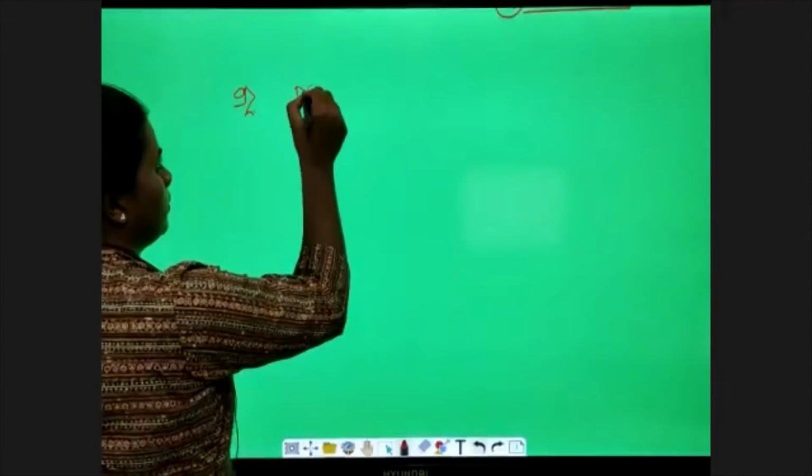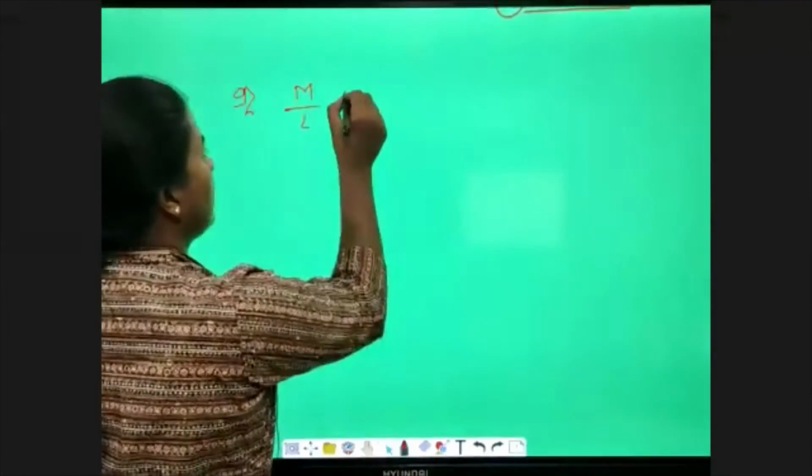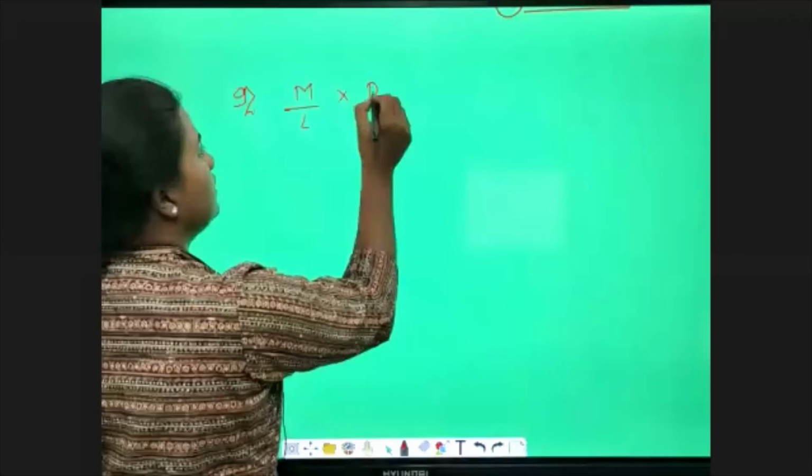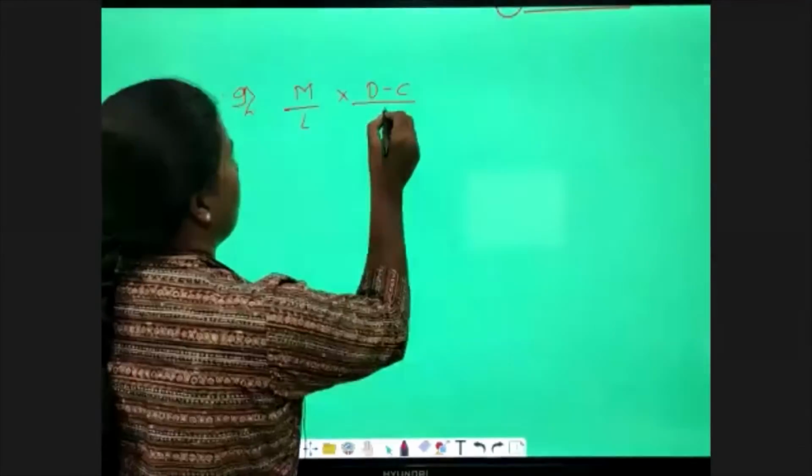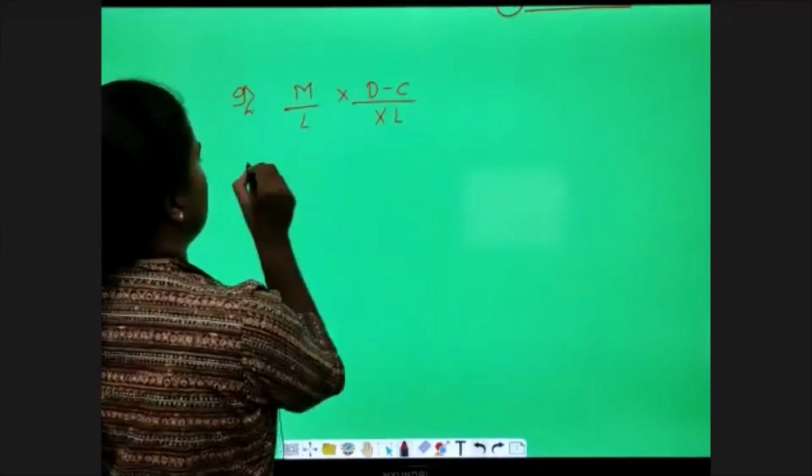M upon L multiplied by D minus C, and then X L. Okay.